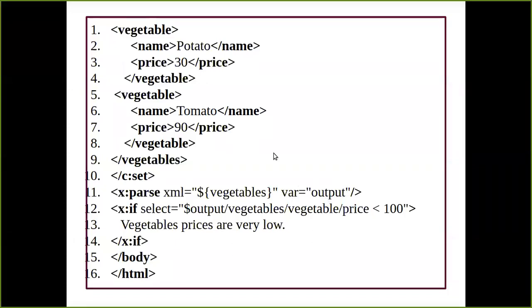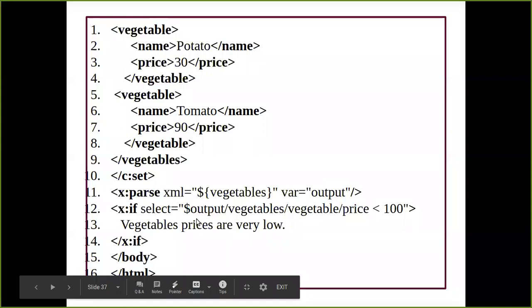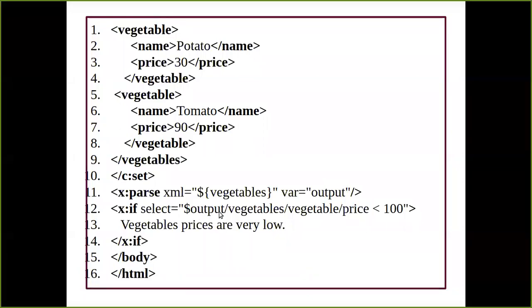The variable is called output. Now we have a condition called if, and we have an attribute called select. What we are going to check, we start with the expression: the variable we have just created, the output. It is going to check the predefined variable defined in your set tag, that is vegetables.